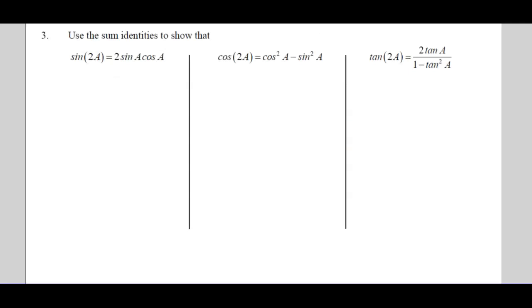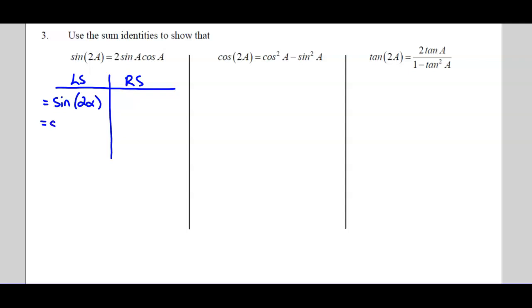Okay, so it says use the sum identities to show that sine of 2 alpha equals 2 sine alpha cos alpha. I'm just going to do left side and right side. So we're trying to make this equal to this. So 2 alpha. Well, what's alpha plus alpha? 2 alpha.